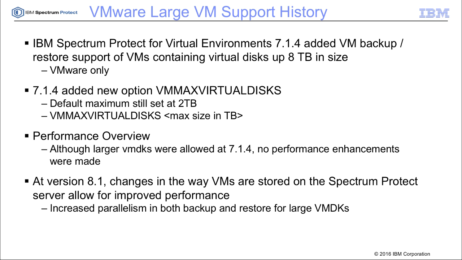Now, from a performance perspective, although we allowed those larger VMDKs, we did not make any performance enhancements to the product at that time at version 7.1.4. And beginning at version 8.1, what we've done is started on a path to make changes in the way that virtual machines are stored on the Spectrum Protect server, these large virtual machines, to allow for improved performance on both backup and restore.